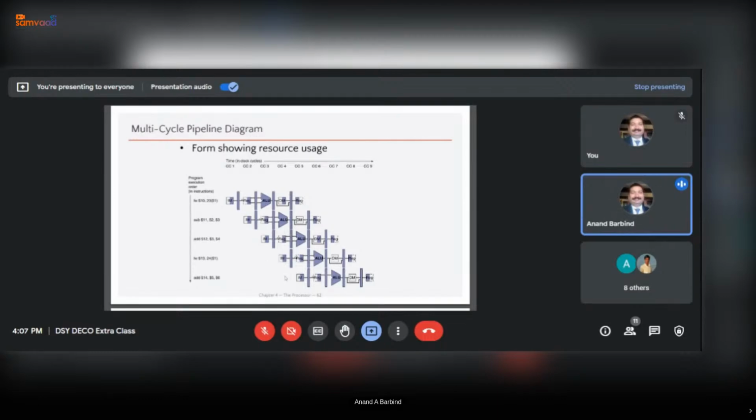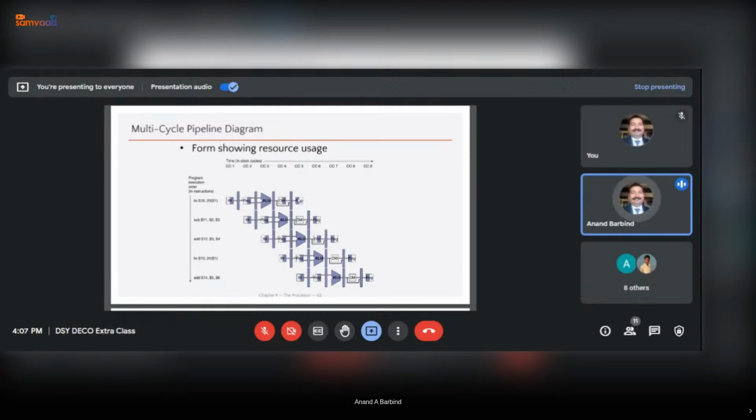Particularly note this point: during CC5, the register file is to be used by the LW instruction, and it is also to be used by this another LW instruction. You can see the shading part here.